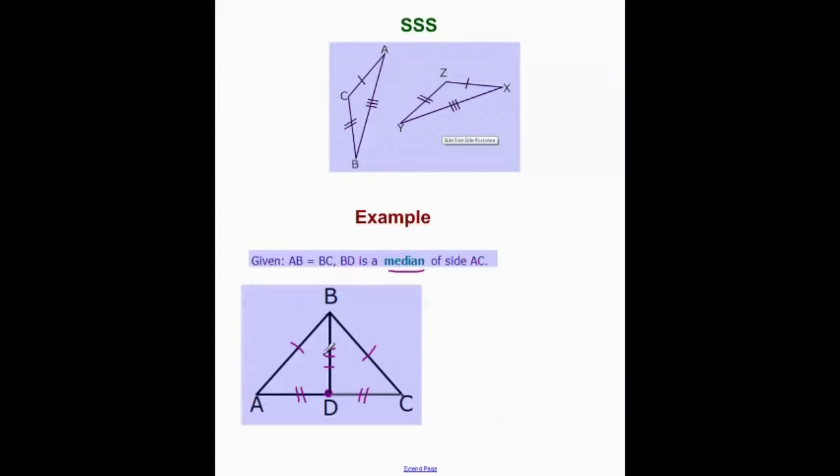So using the side, side, side postulate, we now have ABD congruent to CBD. And so we can write triangle, I can't write with the mouse. See how terrible that is? Can't write with the mouse. Well, anyway, this triangle is congruent with that one. Moving on.